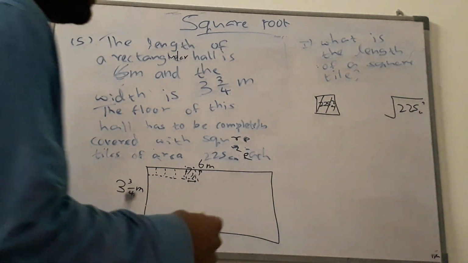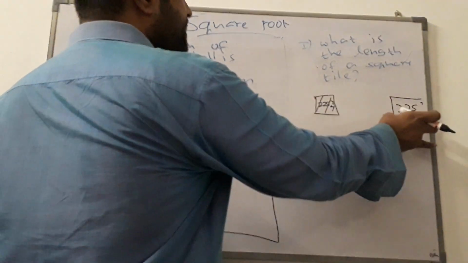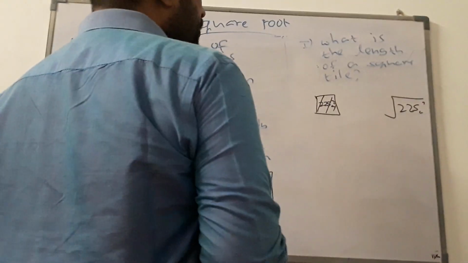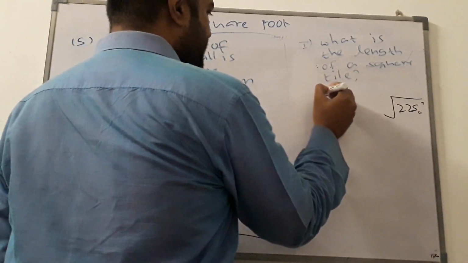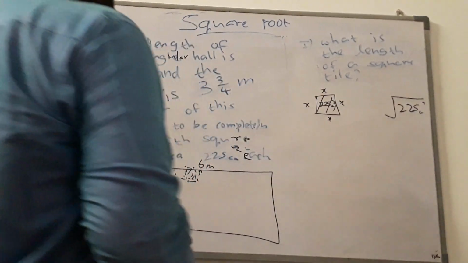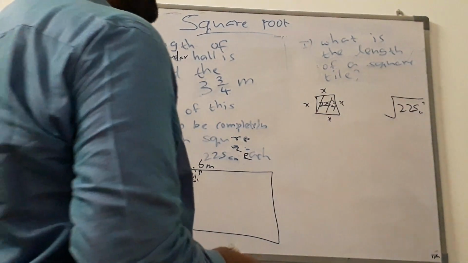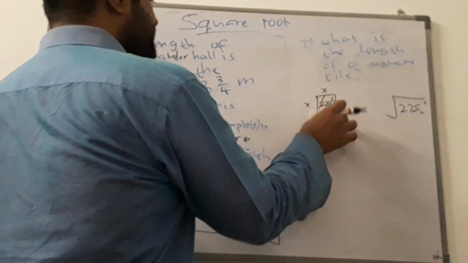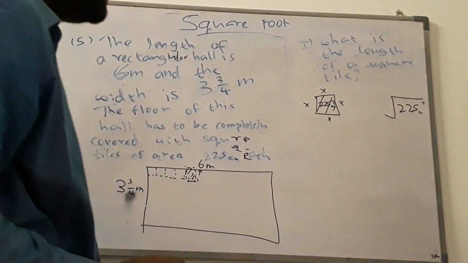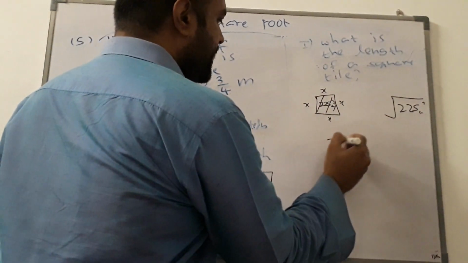Okay. So if the area is given, to find the length of a square means we have to find the square root of 225. Or if we take one side as x, all sides can be written as x. This is x, this is x, this is x, this is also x. So length times breadth means x times x, which is equal to x squared.